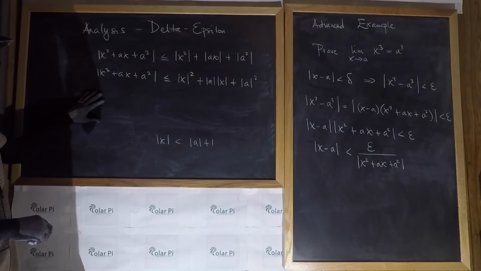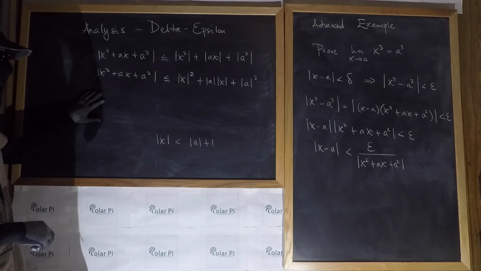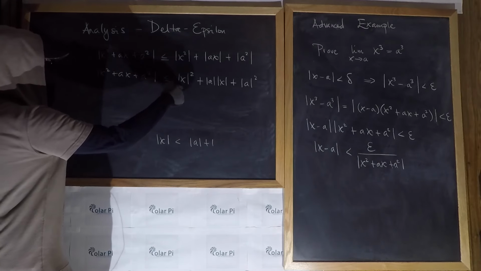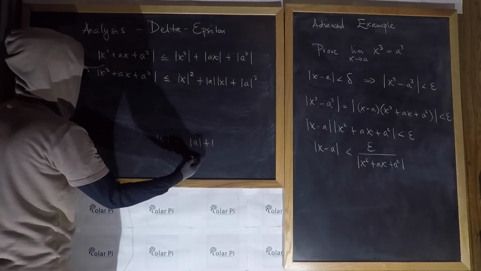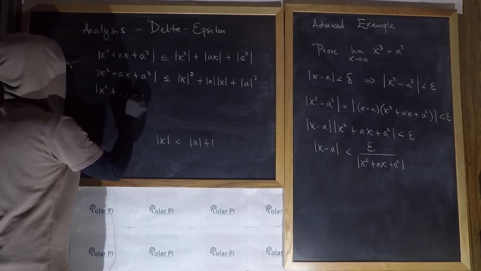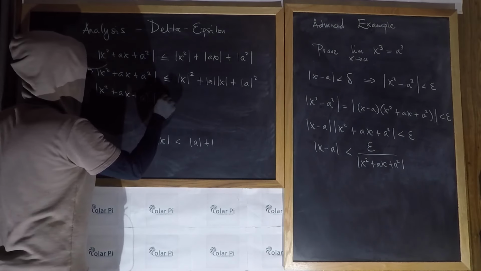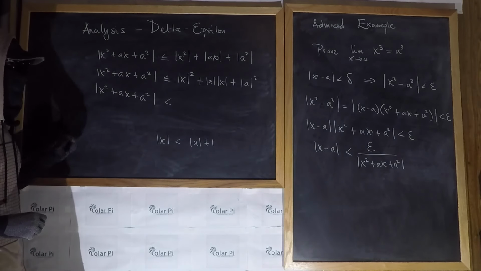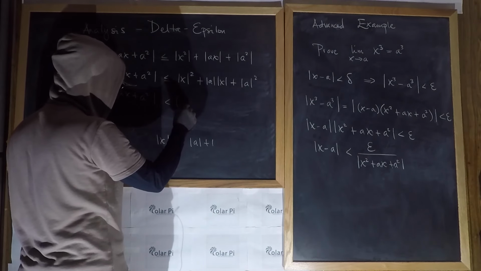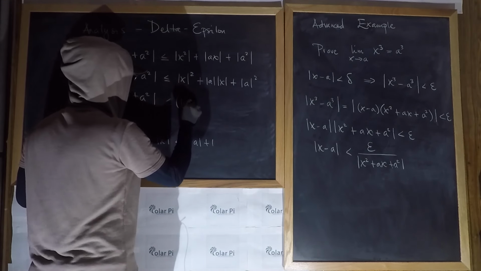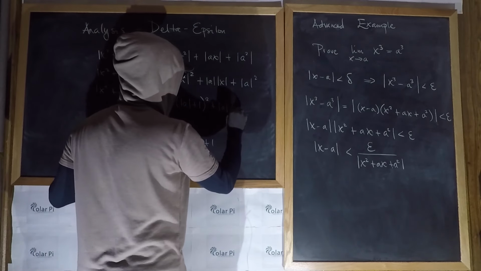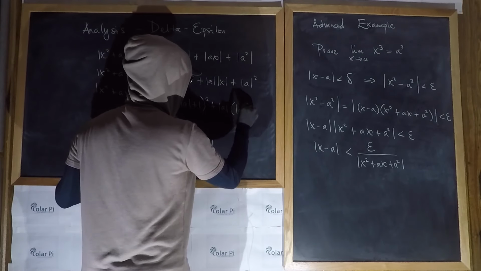So where can we go with this? Well, I have this here, and the absolute value of x, I could replace it with this. By replacing it, I can write that this is strictly less than the absolute value of a plus 1 squared plus the absolute value of a times the absolute value of a plus 1.